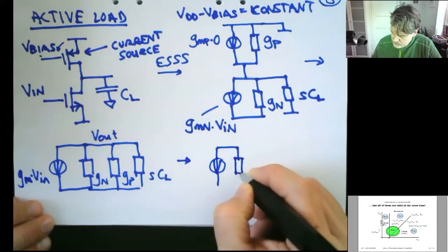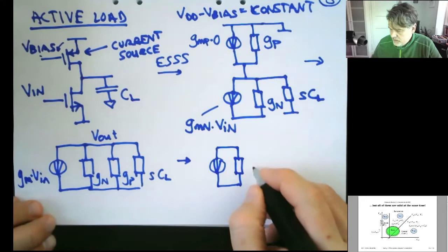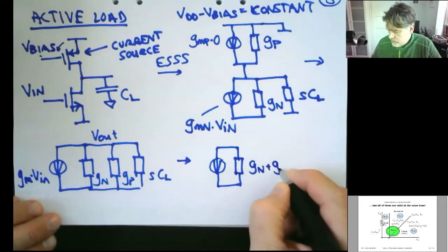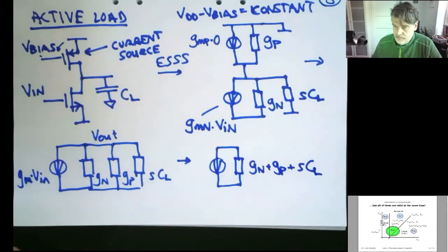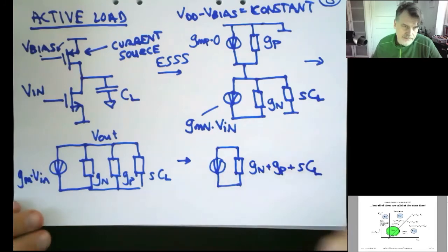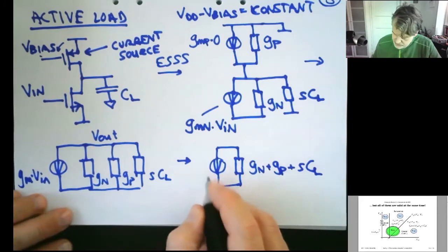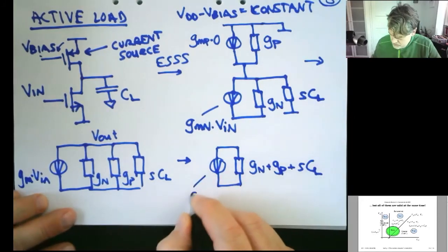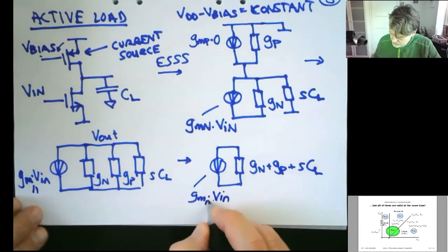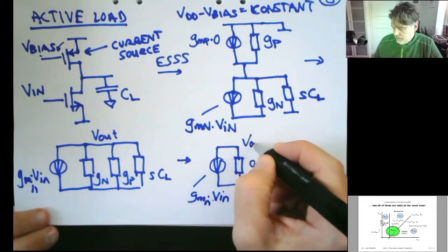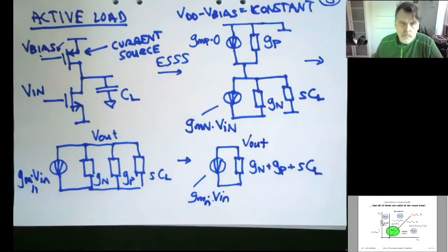So I have my GM source, and then I can connect all these in parallel according to conductances being in parallel. So that is another reason why you should use conductances rather than impedances and resistances. GM times Vin, GMN, I guess I called it, and Vout we have here.